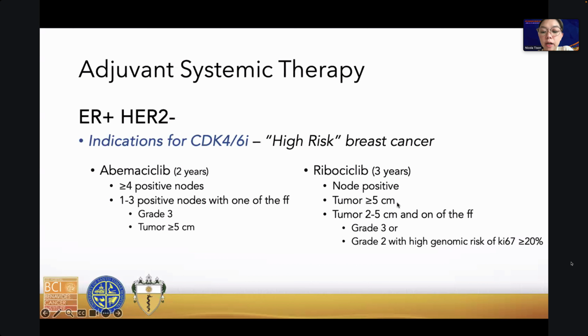Larger tumor size greater than or equal to 5 cm, or if you have a tumor size that's T2 but grade 3, or grade 2 with a high genomic risk or an oncotype score more than 26, or a Ki67 greater than or equal to 20, then these CDK4/6 inhibitors are indicated. So a lot of times these high-risk patients would first go for chemotherapy, then when they finish their chemotherapy, we start them on their anti-estrogen therapy with the CDK4/6 inhibitor.